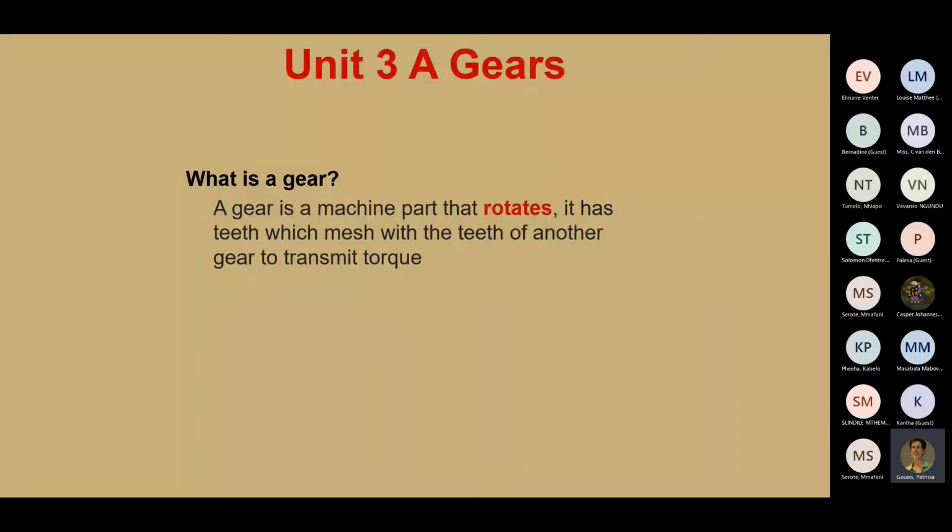So a gear is a machine that rotates, and this whole thing of the teeth meshing, you must ensure that it actually meshes, because if it slips, then you're lost. Then it's just a total mess up. But you need to be able to mesh so that you can transmit the power.